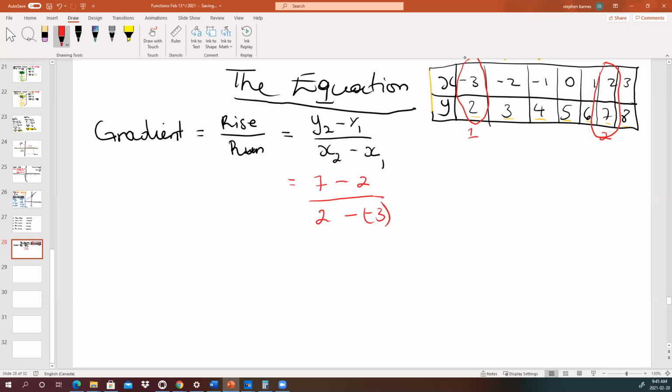I can put it in a bracket, and that would be equal to 7 minus 2 gives me 5. 2 minus negative 3 comes together to give you a plus, so that's 2 plus 3 gives you 5, and then your gradient is a positive 1. Everybody follow? Gradient is a positive 1. So that is using that pair.